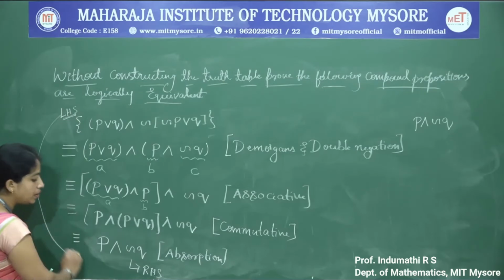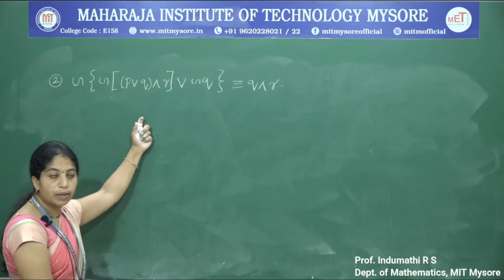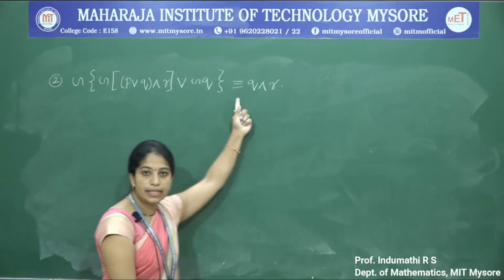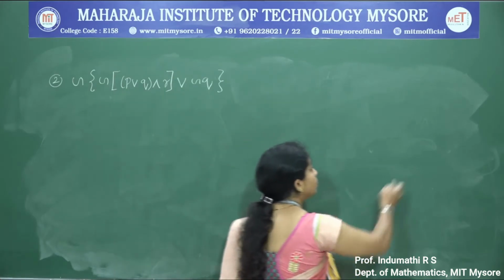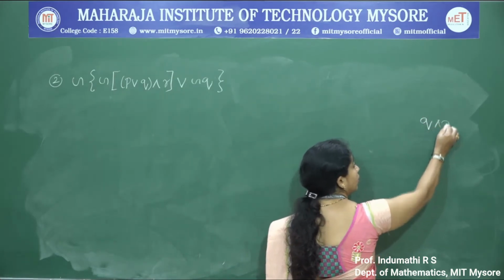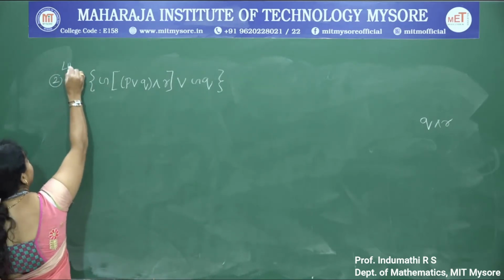Therefore, the LHS part is logically equivalent to RHS. So, here without constructing the truth table, we are supposed to prove that LHS part equals RHS part. What is that RHS part? RHS part is Q conjunction R. Now, here we are supposed to consider the LHS part.